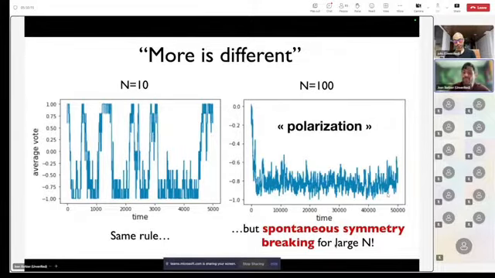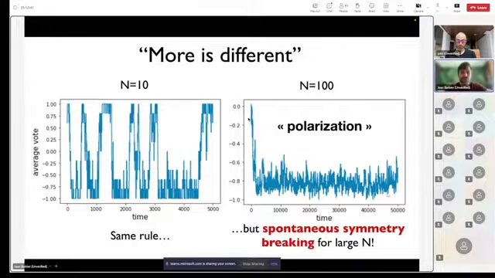And this is what we call a spontaneous symmetry breaking of this system, in the sense that here you have a symmetry between the +1 and -1 state, and you fluctuate from one to the other. And here you stick to one of the states, with everyone voting for the same candidate, and you will never escape this, even if the system is symmetric between the two candidates.